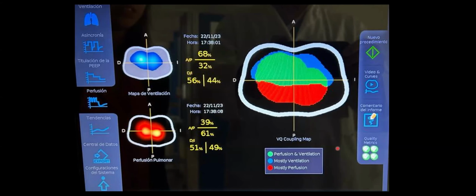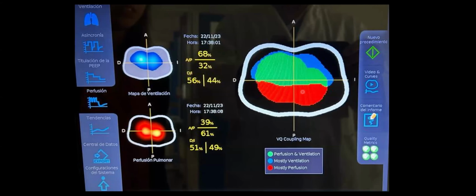But when he did the map using the EIT VQ map, he could clearly see that the problem of this patient was not a pulmonary embolism. There are no blue zones in the dorsal lung regions. The pulmonary embolism index was very negative, and this patient had just shunt in dorsal lung regions, suggesting atelectasis, postoperative atelectasis. And this was exactly the case.